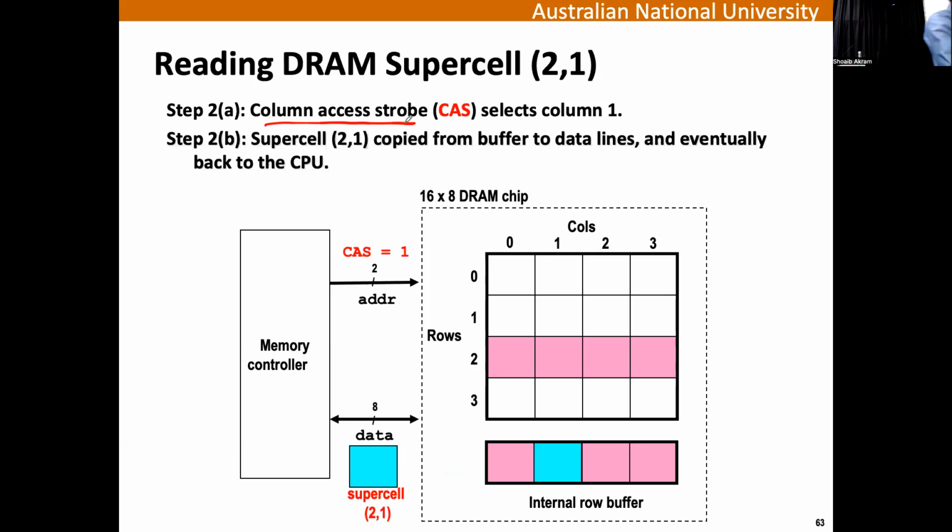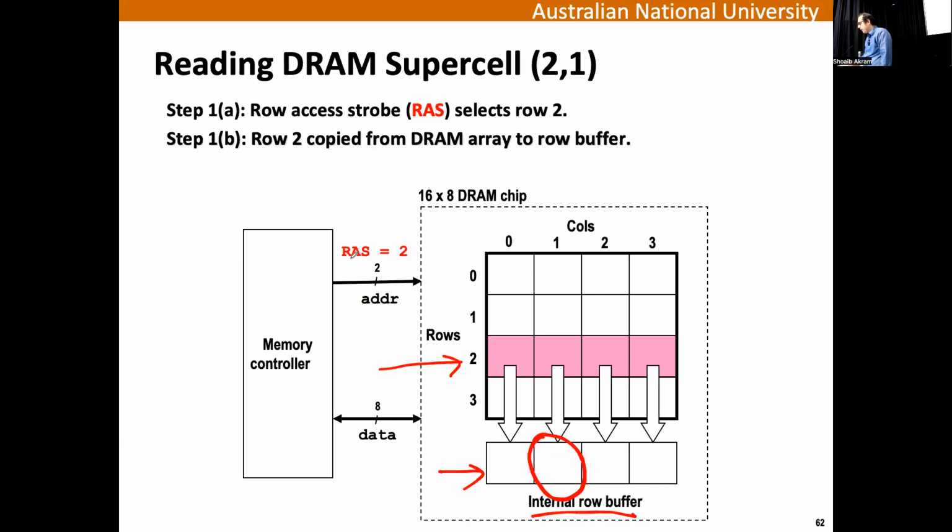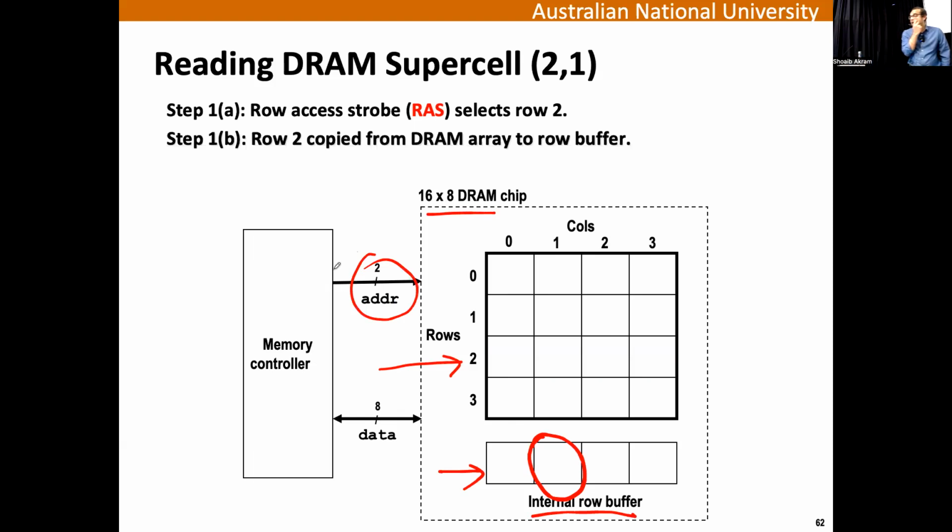Now, what I want to tell you is, you don't have a lot of pins. Pins are not free. Pins are very expensive. So these 2 bits that connect the memory controller to the DRAM chip are actual pins made of metal.